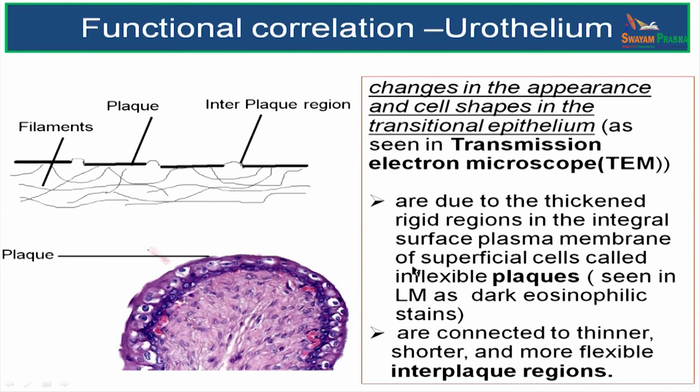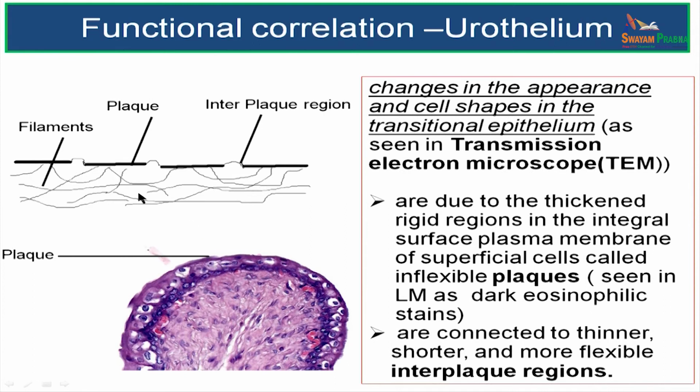The details which I am now highlighting are seen in the transmission electron microscope. The superficial cells exhibit thickened rigid regions in the integral surface of the plasma membrane, called plaques.